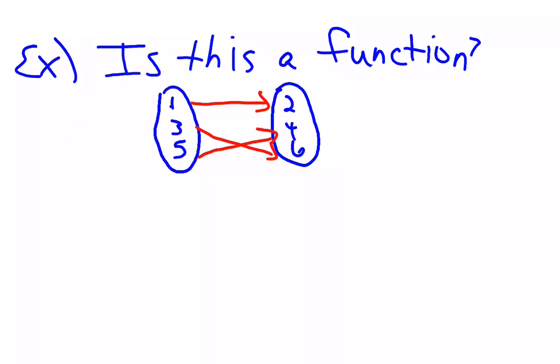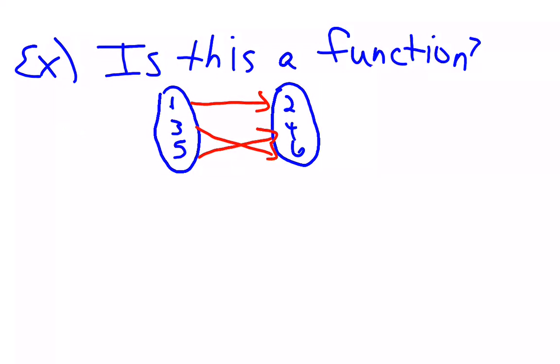Okay, so how do I tell if a relation actually is a function? That means that for every x, there's only one y answer. So that means that I can't have two different y numbers related to one x number.